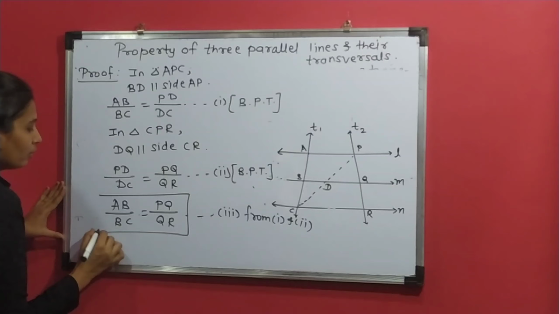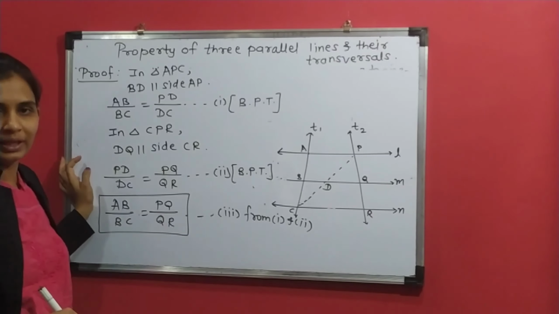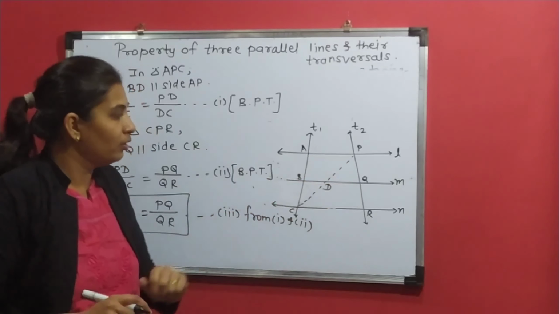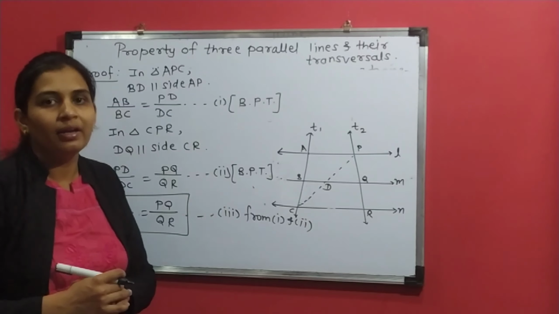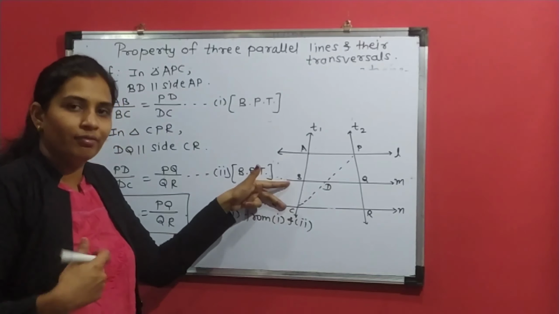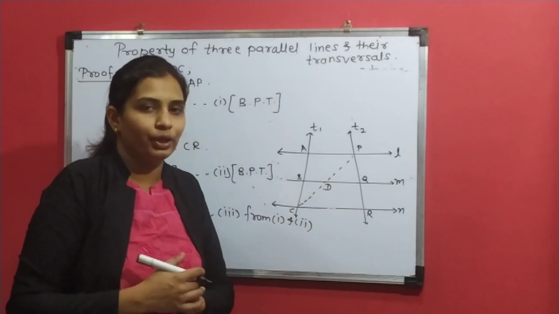And students, we have proved the same thing, that the ratios will be in proportion. Means AB upon BC will equal PQ upon QR.